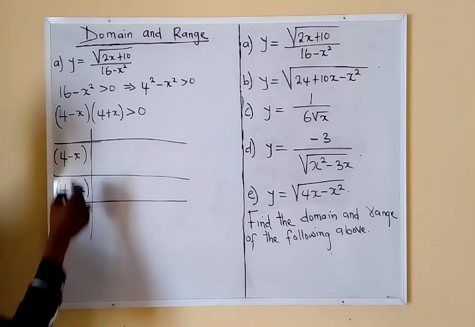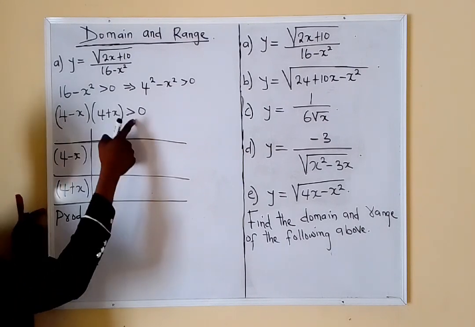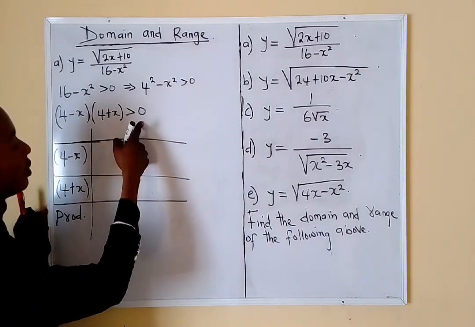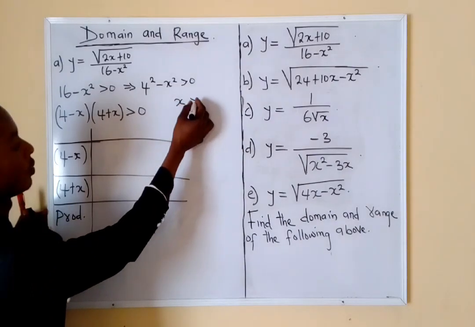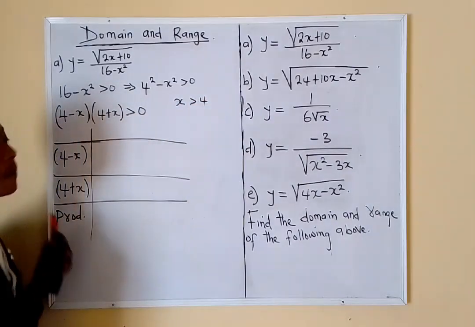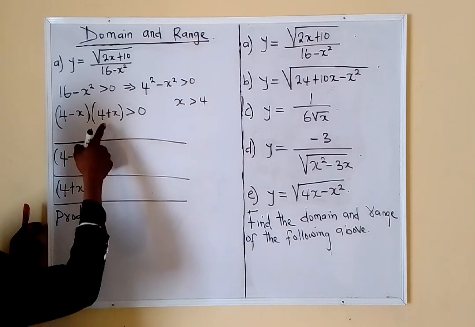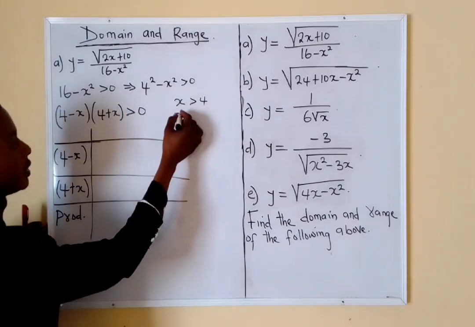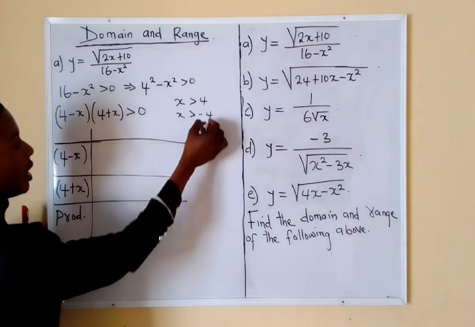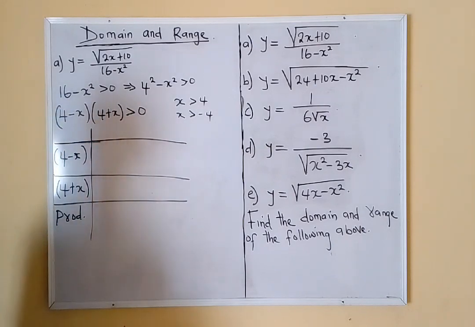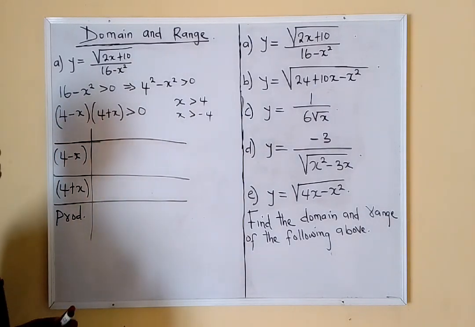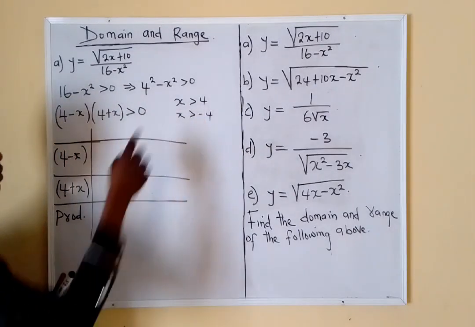Okay, so if 4 minus x is greater than 0, that means the value of x here will be less than 4. For this side, the value of x here will be greater than -4. We start from the smallest value.